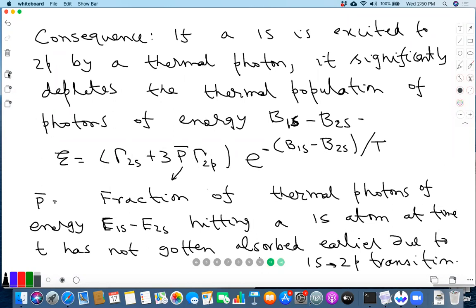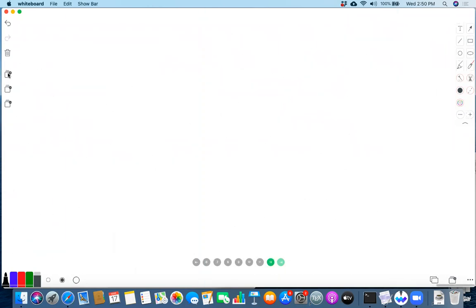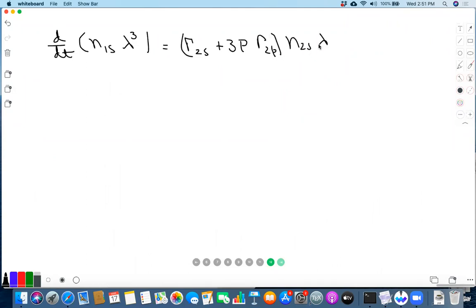Okay. So let me now write down the equations, and then I'll say a few words about this calculation of P and P bar, and then the actual calculation we'll do next time. So let me write again: d/dt of n1s lambda cube is gamma 2s plus 3p gamma 2p, n2s lambda square, minus E n1s lambda cube.